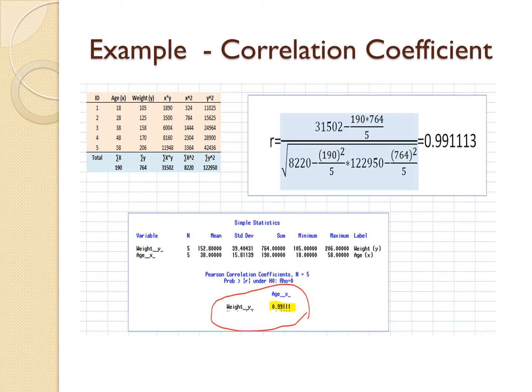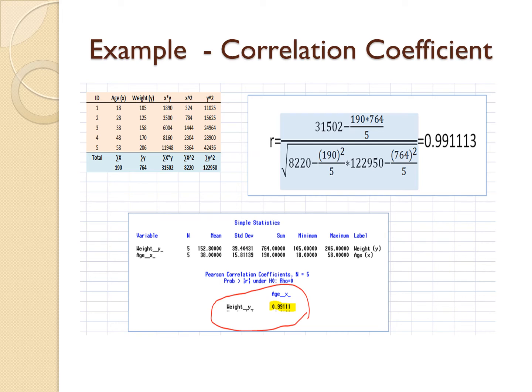Let's say that we want to look at the relationship between age and weight. And let's say that we have samples from 5 individuals. As you see on the left-hand side of the table, we have the 5 individuals with their age and weights populated. So if we plug in the numbers that are required by the formula that was provided in the previous slide, one can easily calculate the correlation coefficient.